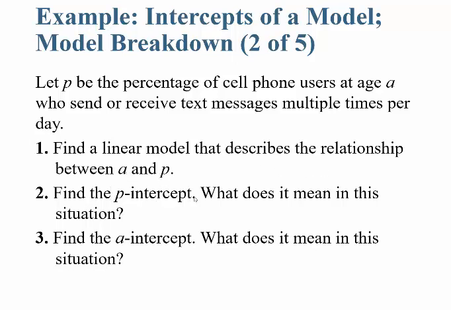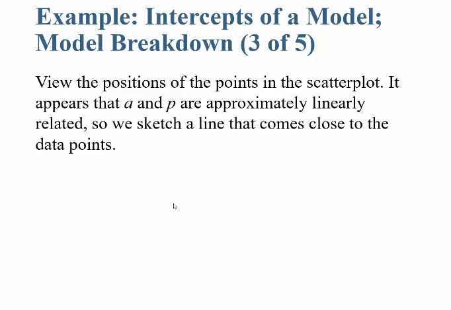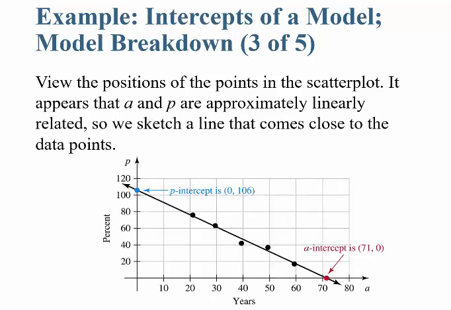All right, find the P-intercept, what does it mean in this situation, and find the A-intercept, what does it mean in this situation. Okay, so view the positions of the points in the scatter plot. So I'm going to make the scatter plot. It appears that A and P are approximately linearly related. So we're going to sketch a line that comes close to the data points. Here in black are the actual data points.